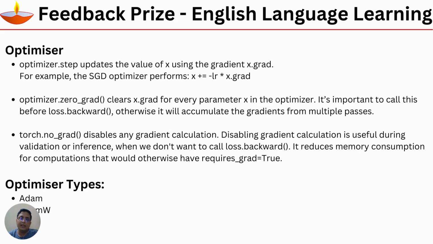But if it sees that there is too large a change or too often a change in the gradients, then it slows down and lets us take a smaller step. That's how Adam essentially works. AdamW is an enhancement over Adam, and it's stated to generalize much better than Adam.